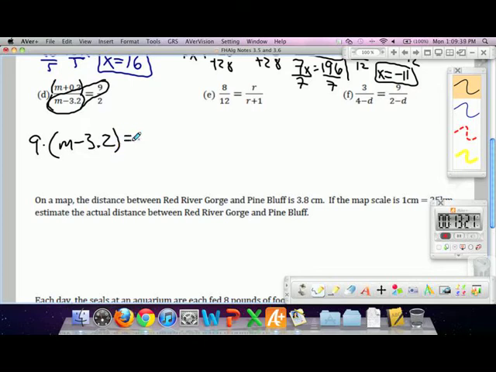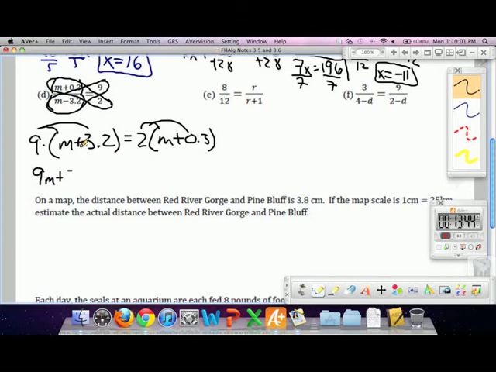Distribute. 9m plus a negative, negative what? 28.8 equals 2m plus 0.6.